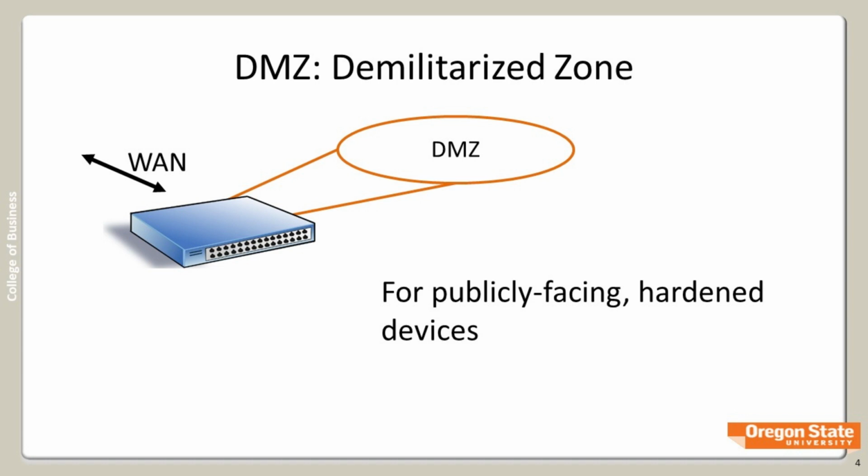We need to carefully watch the servers that live in the DMZ. Because they are exposed to outside influences from the internet, they could be misused in attacks against our internal resources. First, we harden them by closing off services and ports, uninstalling unnecessary software, and making sure the systems are up to date.